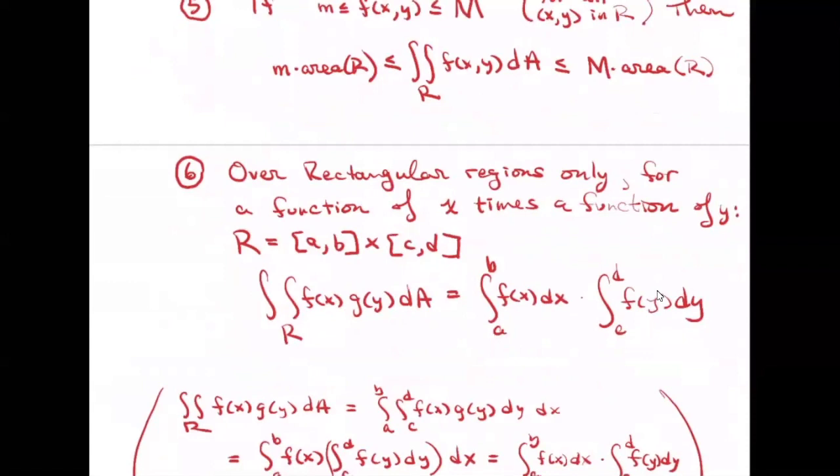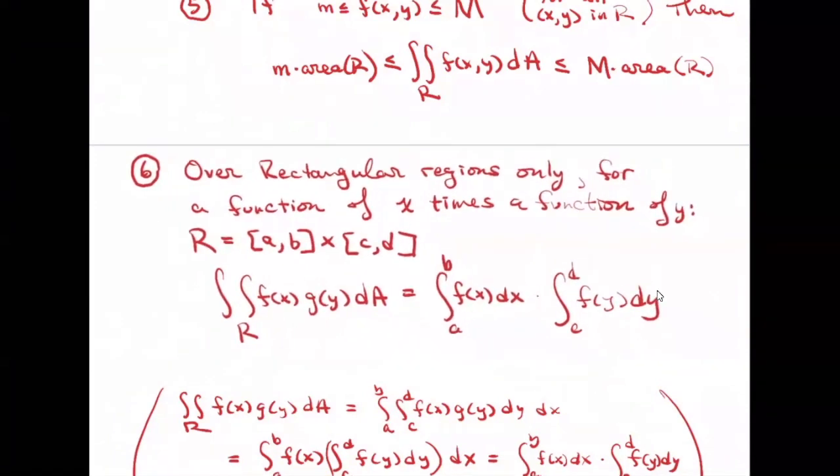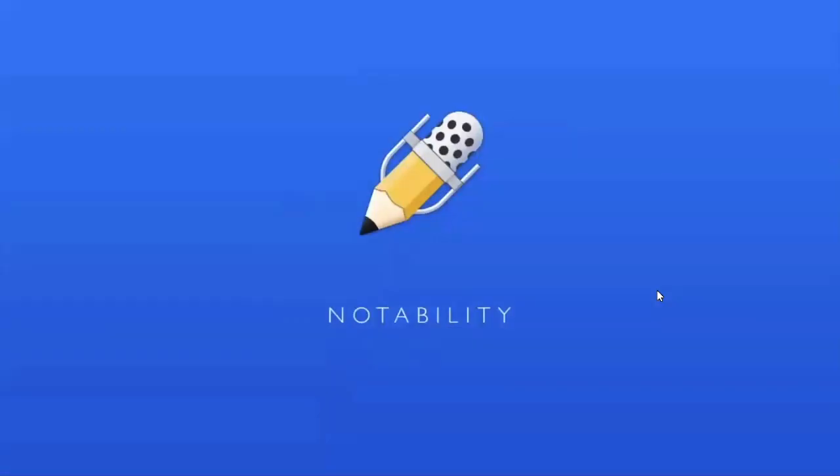This is the rule I want right now. This is from your notes from 15.2. It says over rectangular regions only, that is to say where the limits are constant. So I'll update this as I paste it into the other lesson that we're working on.